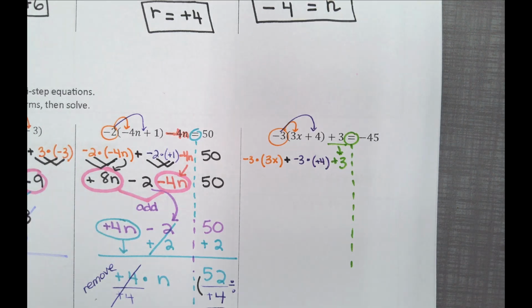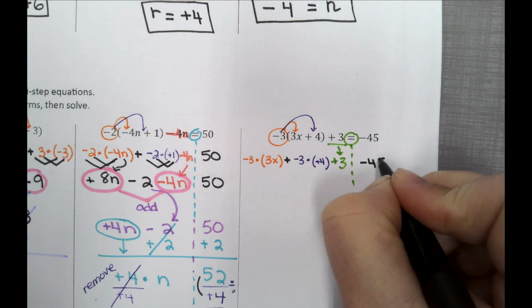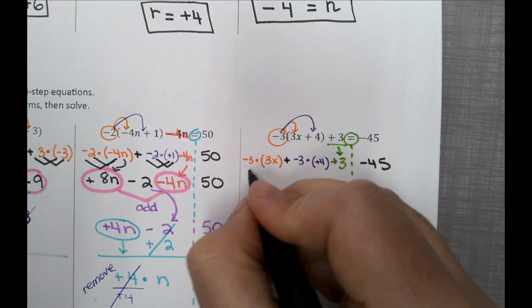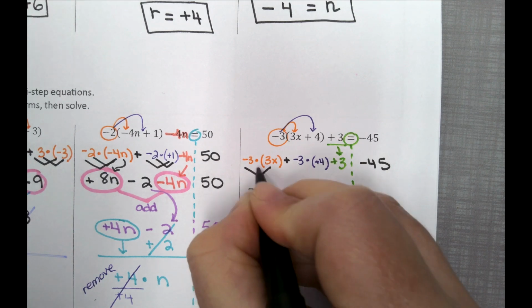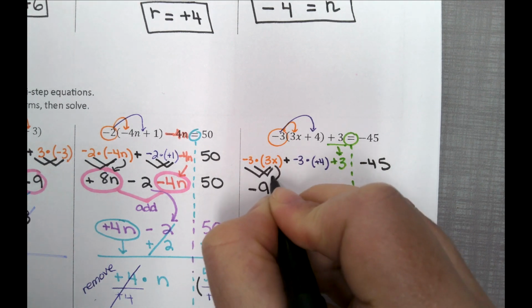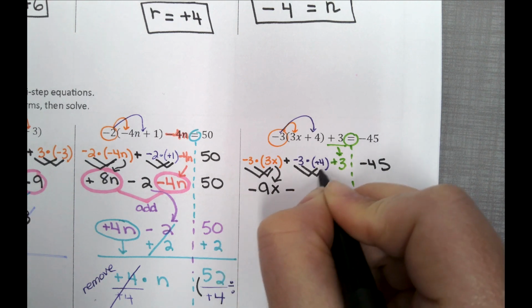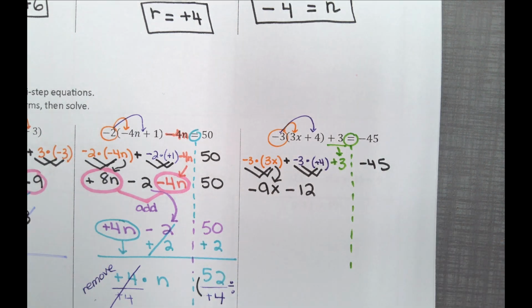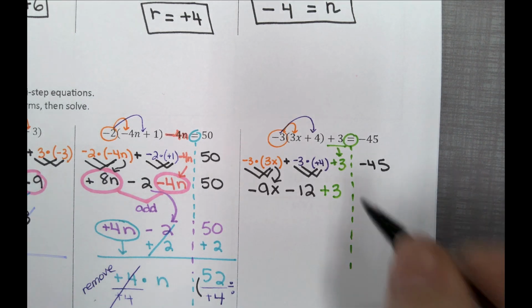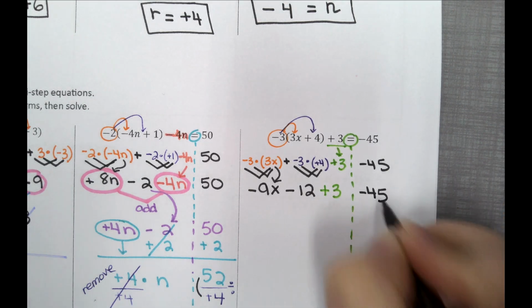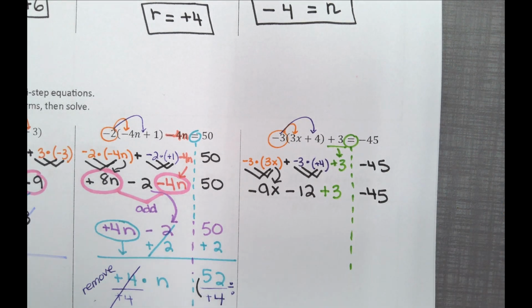Negative 45 stays on the other side, and we are multiplying. Negative positive gives me a negative. 3 times 3 is 9. Yes, I have a letter. That letter is X. Negative positive gives me a negative. 3 times 4 is 12. And we still have this positive 3 here in the back. Bring down that negative 45. That does not change. Here we have to combine like terms.